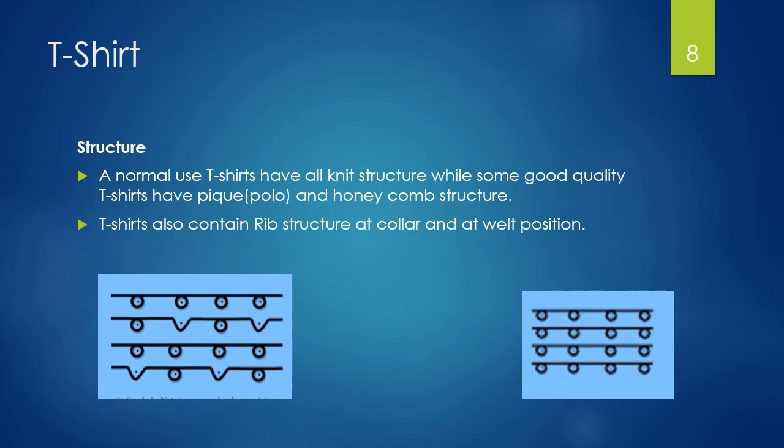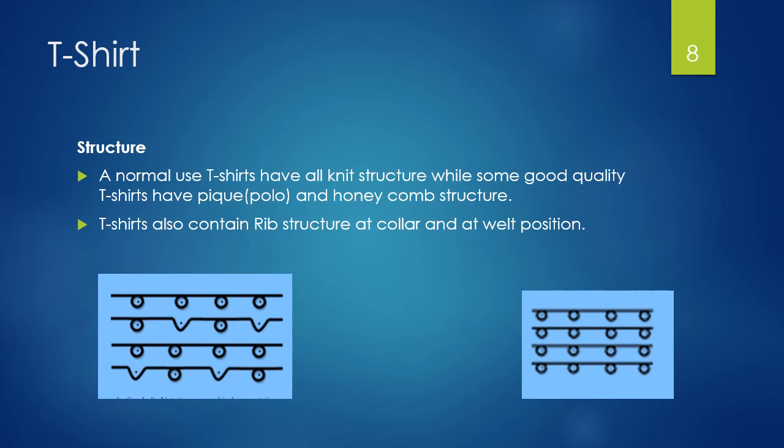So we can make t-shirts from single jersey fabric as well as PK fabric and honeycomb. The main PK structure depends on the tuck and knit stitches, which alternate in position, and the position may be changed in every course and every design course basically.